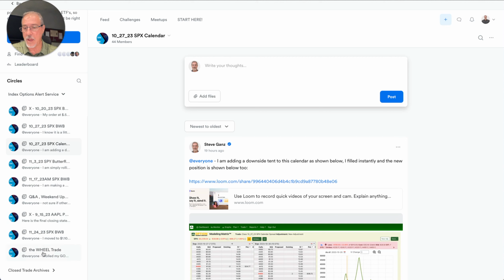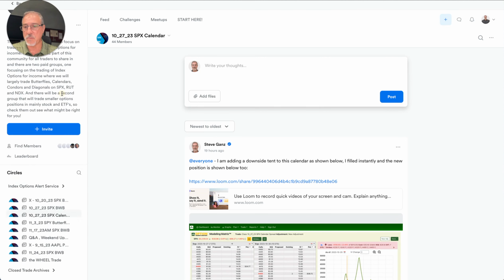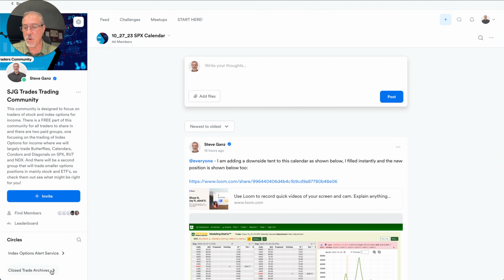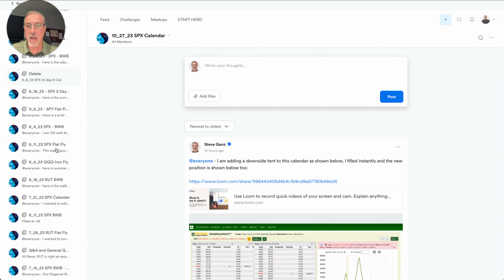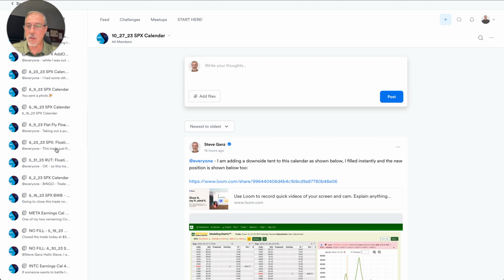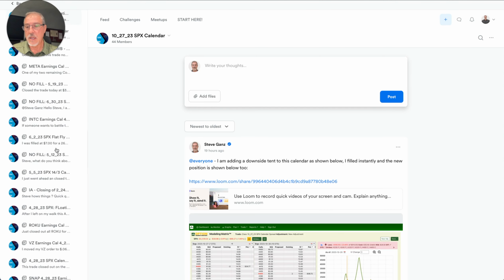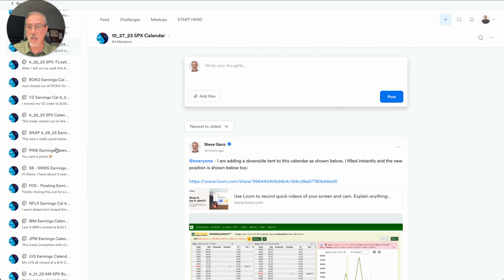But you not only have all of these open trades as part of the service, you also have the closed trade archive. Every single trade that I've ever made that makes up that list of results is in here with all of the same details.